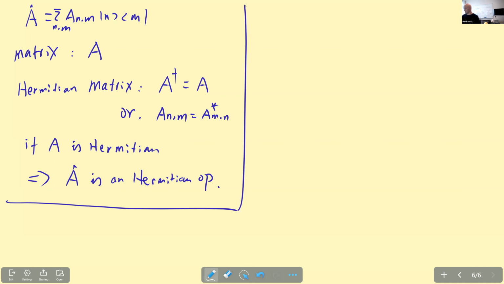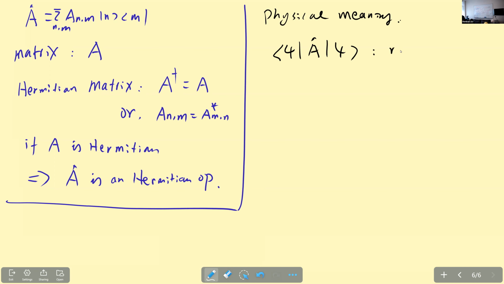Okay. The physical meaning. So this actually means for any state psi, the expectation value is a real number. This is important, okay? Because if we do the measurement of physical quantity, you know that the expectation value is just given by this one. So this must be a real number, right?